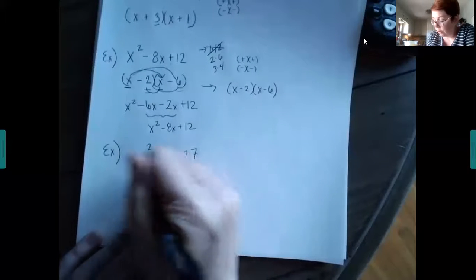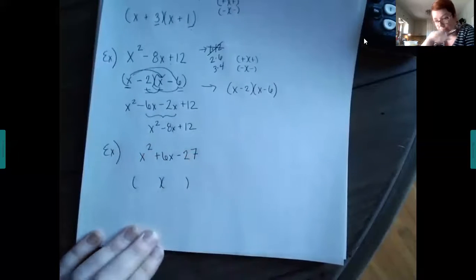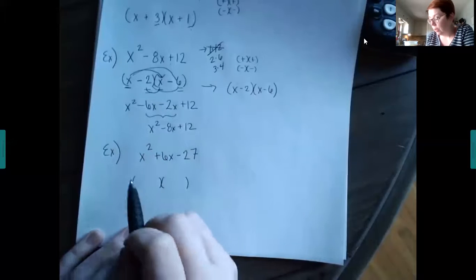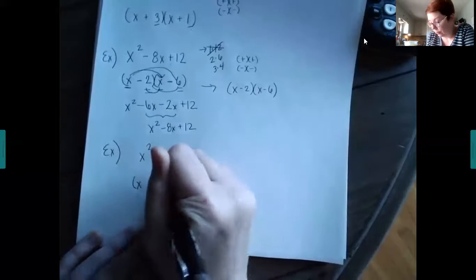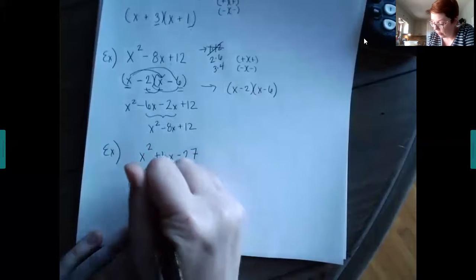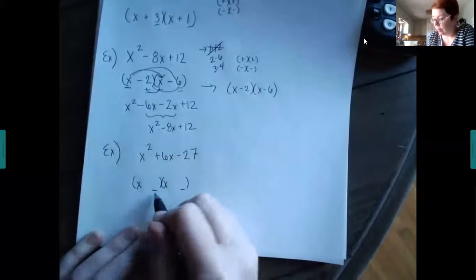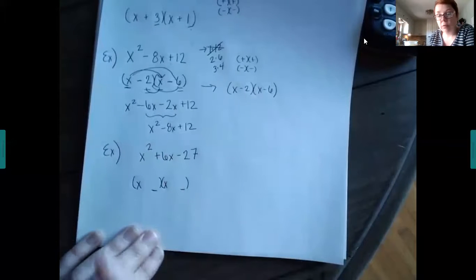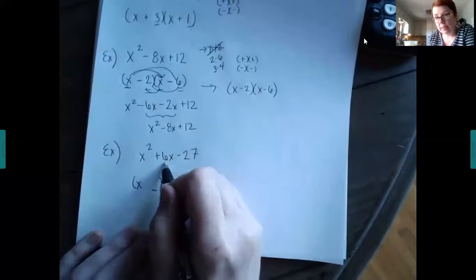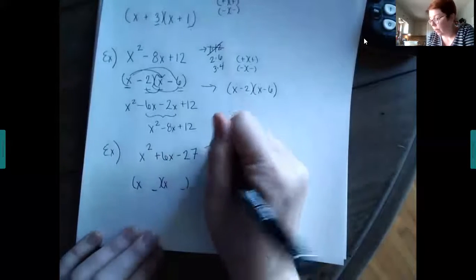So that means that we're going to do this. Okay. So here we have x times x to get x squared. And we need something times something that multiplies to get 27, and adds or subtracts to get 6. So we want to think of our factors of 27.